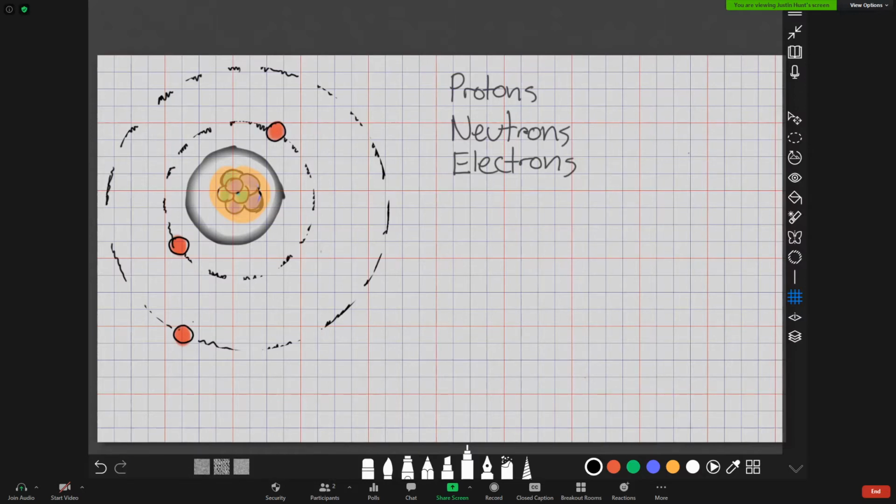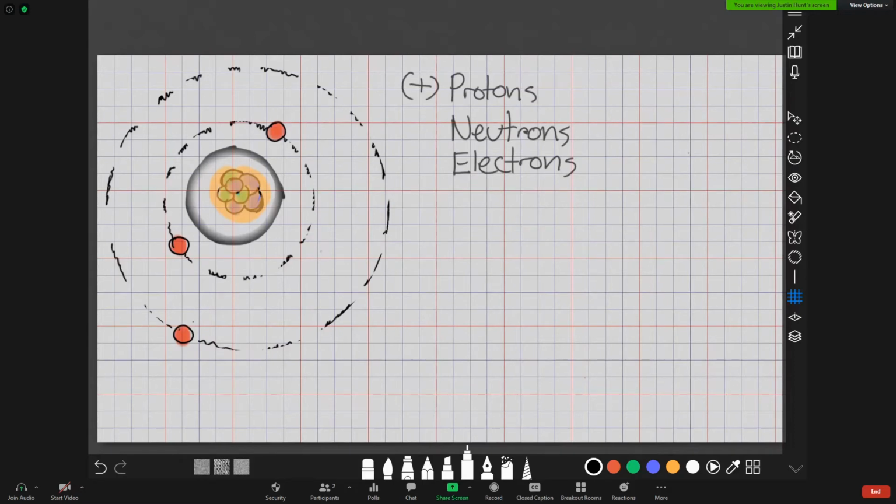So we've got our protons and our neutrons, and these guys are clustered very tightly, bound in the nucleus in the center. We talked about the different charges, the different fundamental pulls and repulsions in materials. The protons have a positive charge.